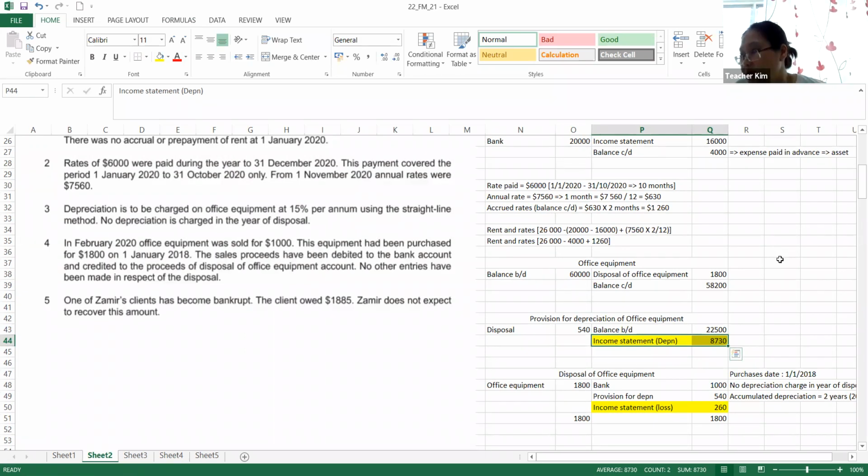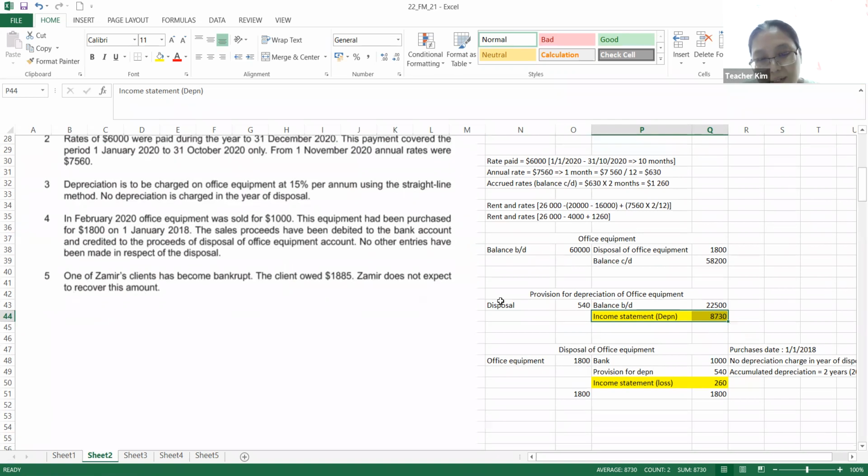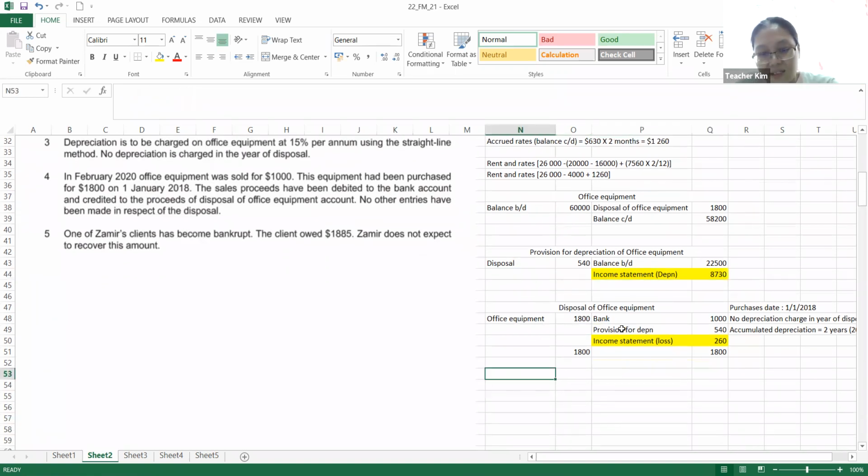Okay, let's move on. Let's see what else we need to take notes of. Okay, one of Zamir's clients has become bankrupt. The moment you see the word bankrupt, think irrecoverable debt. The client owed 1,885. Zamir does not expect to recover it. So the moment you see the word bad debt, this is number 5, bankrupt.